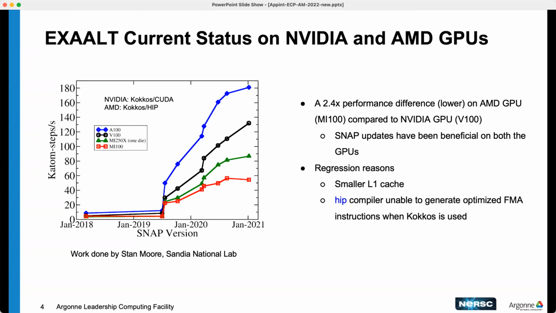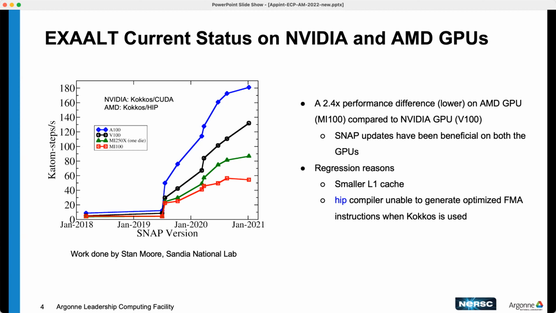Currently, we see nearly a 2.4x difference in performance between AMD's MI100 versus NVIDIA's V100, and a comparable difference between NVIDIA's A100 and MI250X from AMD.